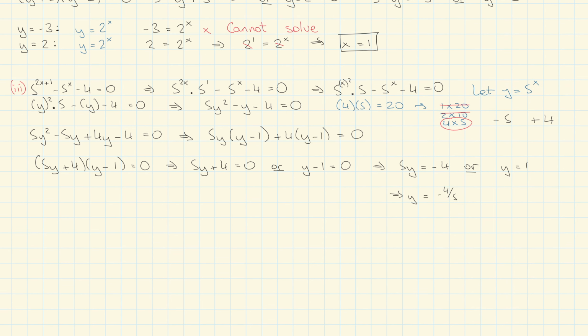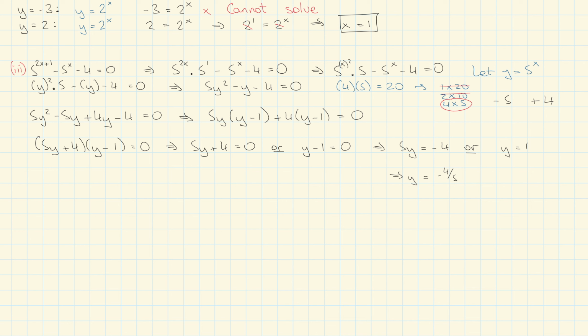Okay, so I have my two cases and I'm going to set them up. We have y equals 1 or y equals minus 4 over 5. And we had said earlier that y was going to equal 5 to the power of x. And I found two answers for y, so now I can substitute in.